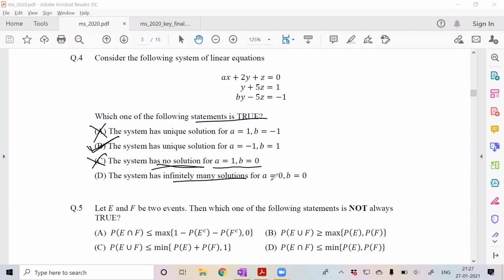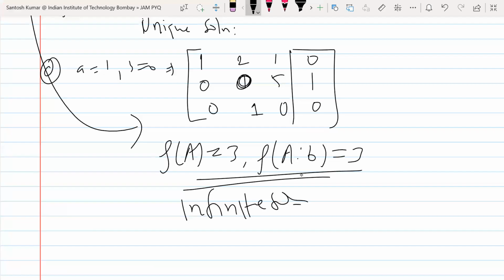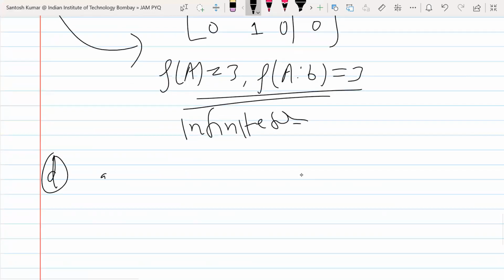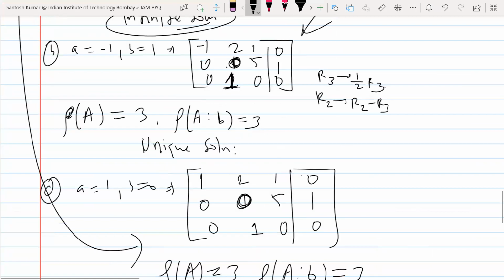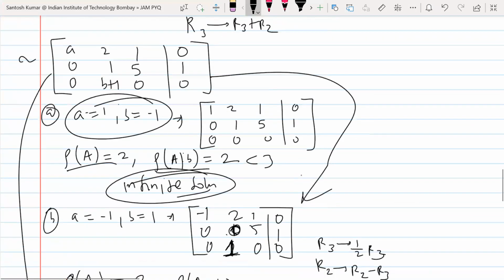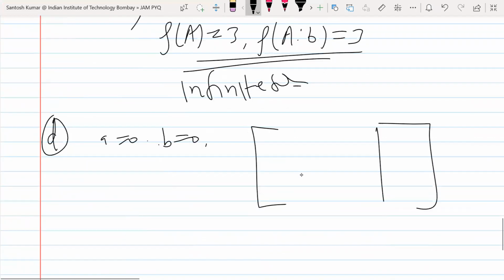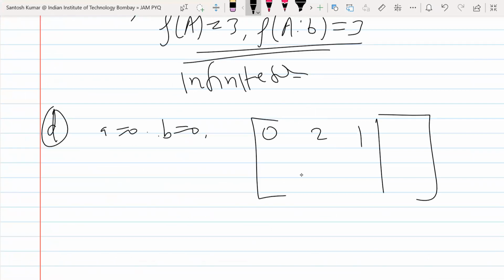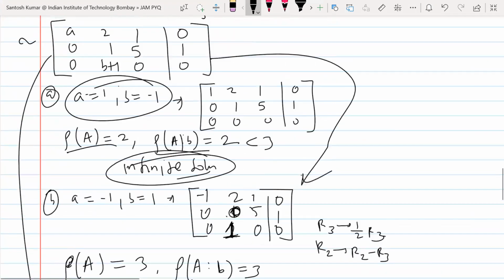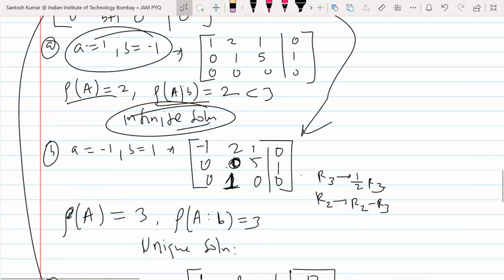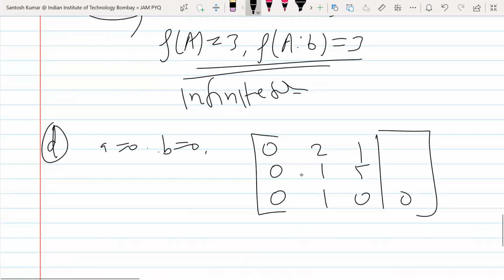Option D says the system has infinite solutions for a = 0, b = 0. So let's check for a = 0, b = 0. Putting these in, we get 0 2 1, 0 1 5, 0 1 plus b where b is 0, and 0 0 0 0 0 1 0.